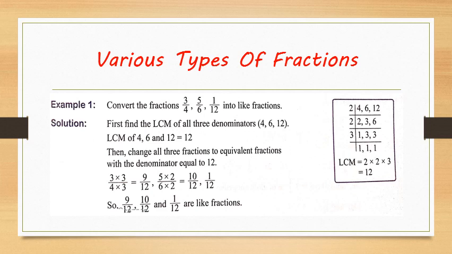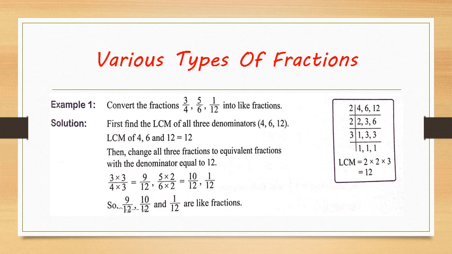So 3 by 4 is converted into an equivalent fraction with denominator 12 by multiplying 3 in both numerator and denominator. Similarly, 5 by 6 is converted into 10 upon 12 by multiplying 2 in both numerator and denominator.